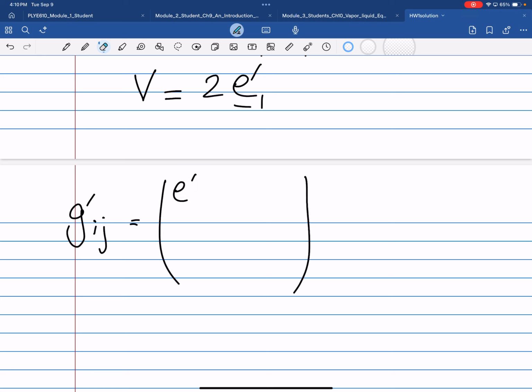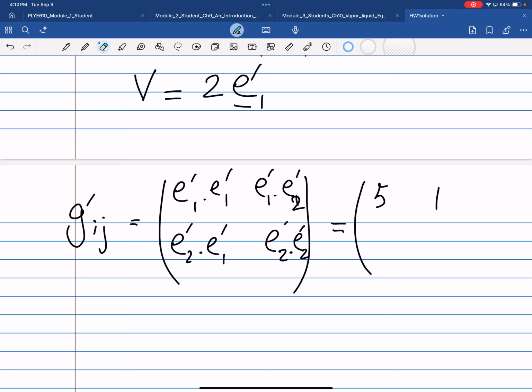So this is E prime 1 dot E prime 1, E prime 1 dot E prime 2, and so on. So it's going to be 5, 1, 1, 10, something like this. Okay.